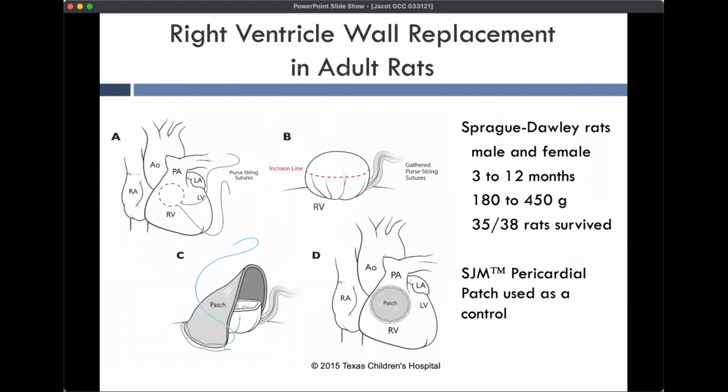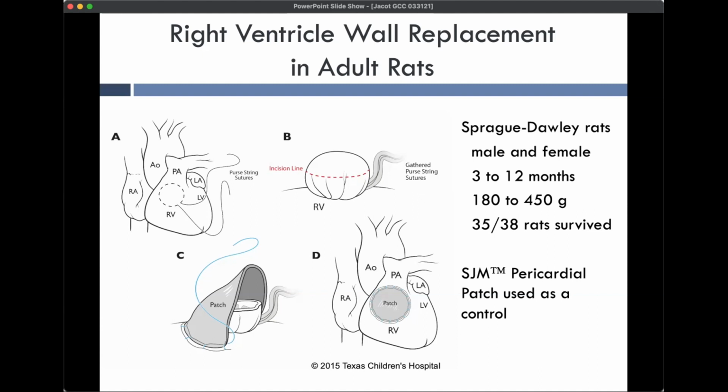But doing this patch, this drawing that I have done is a little incorrect. The patch is sewn into the incision line, and so it actually becomes part of the heart wall. So we could do this surgery where we replace about the top half of the right ventricle free wall with something that we've made.